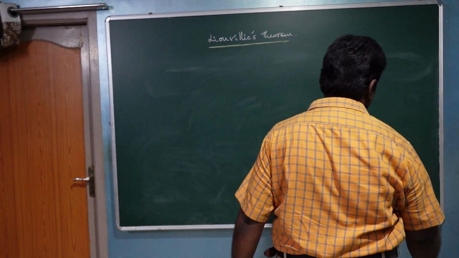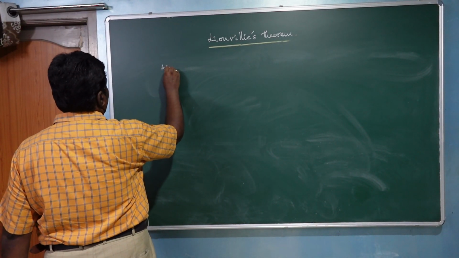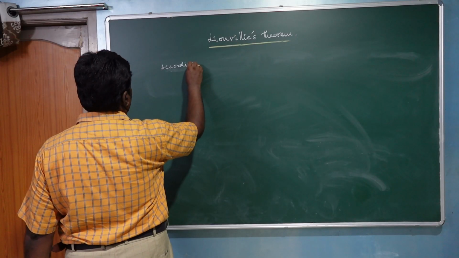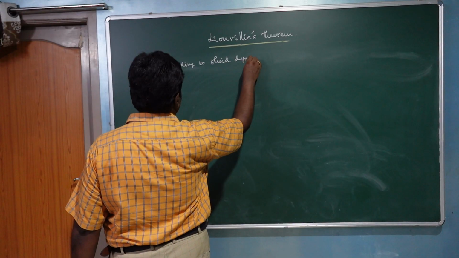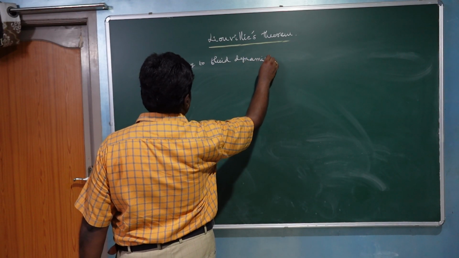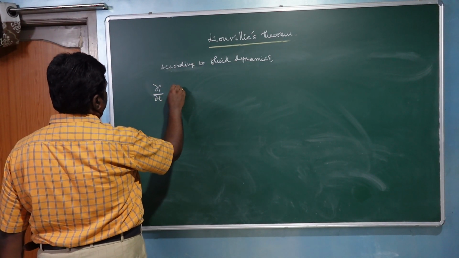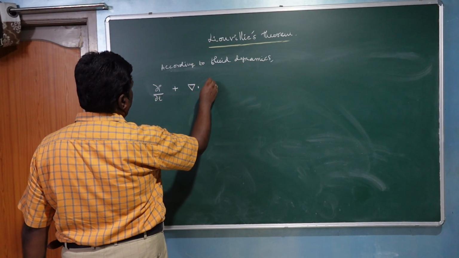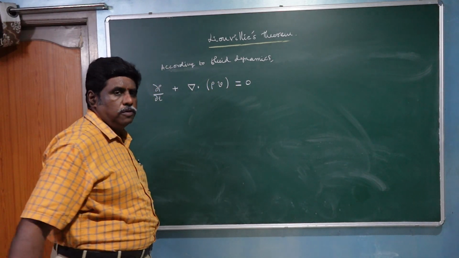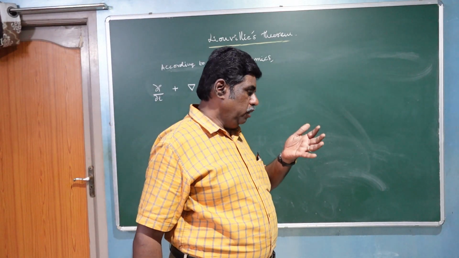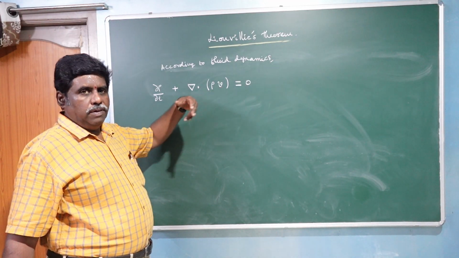According to fluid dynamics, dou rho by dou t plus del dot rho v equal to 0. This is the continuity equation available in fluid dynamics. Rho is the density of the fluid, v is the velocity of the fluid.